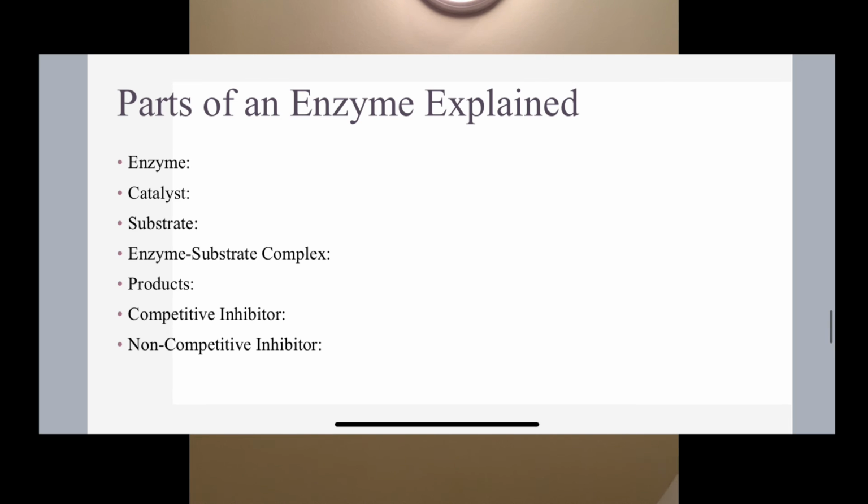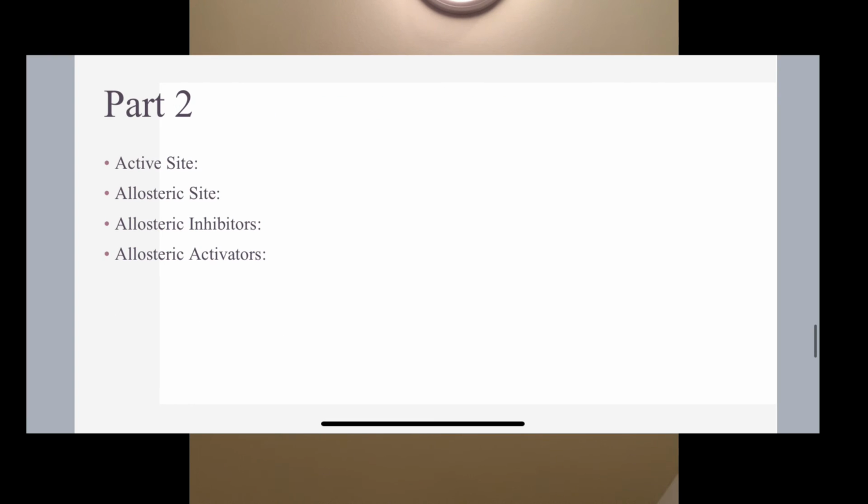And then finally, we have the non-competitive inhibitor, which is a substance that reduces the activity of an enzyme by binding to a location remote from the active site, changing its conformation so that it no longer binds to the substrate.